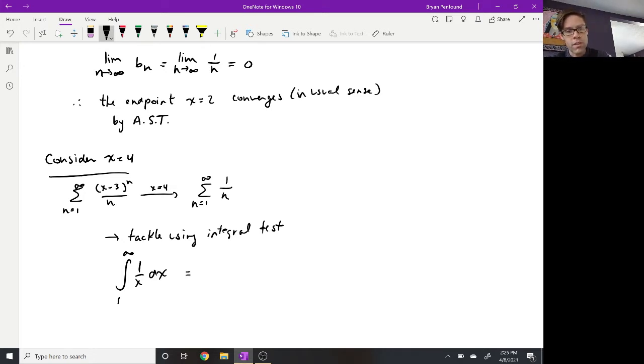But the problem with this particular integral is when I go to evaluate it, I get the natural logarithm, and we're evaluating that between the endpoints of 1 and something, maybe 1 to m, for example.